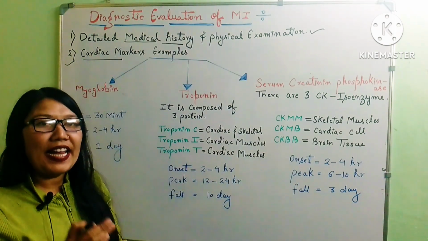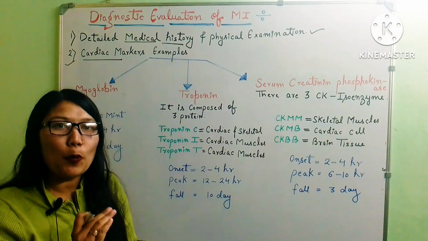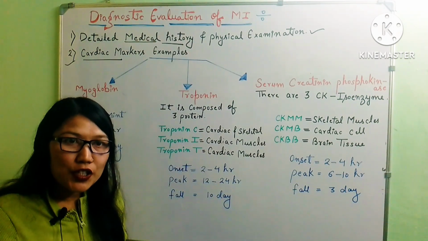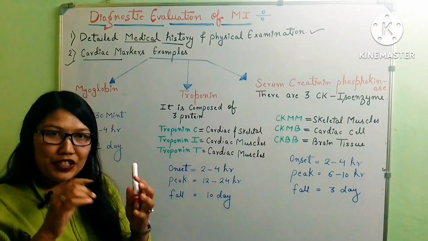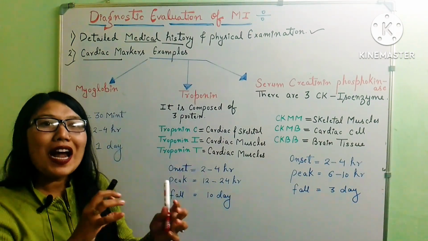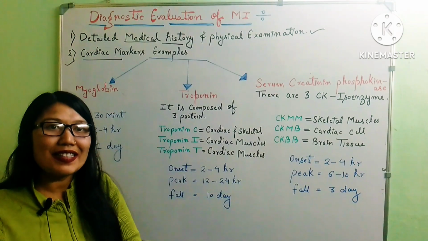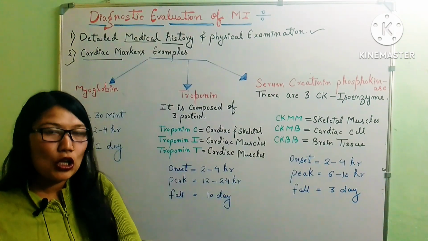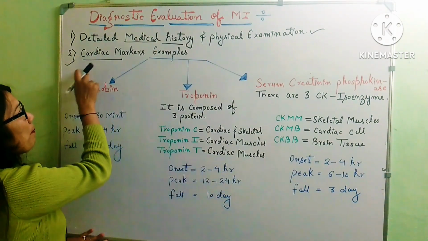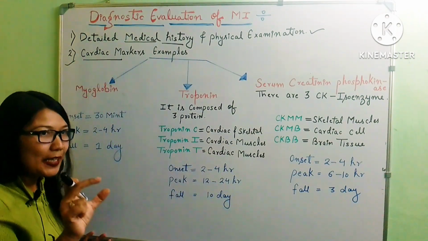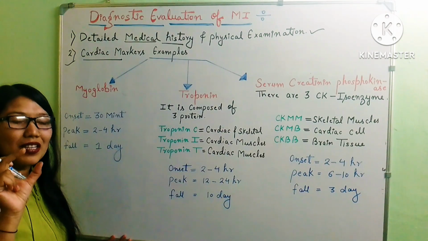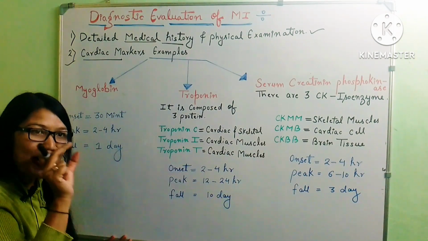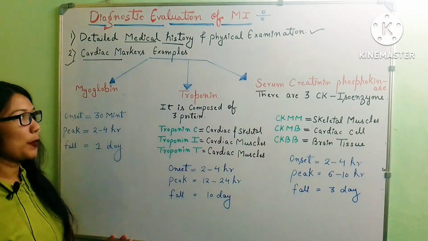Cardiac markers are any enzymes, hormones or proteins which are released into our blood circulation when there is damage in the heart muscle or heart tissue, when there is necrosis or infarction in the heart muscles. So by checking the blood of the patient, we can diagnose whether he has suffered a heart attack or not.